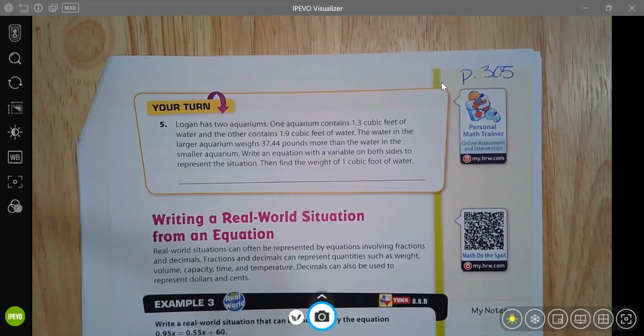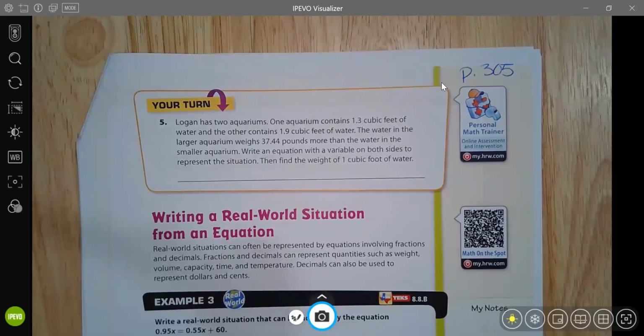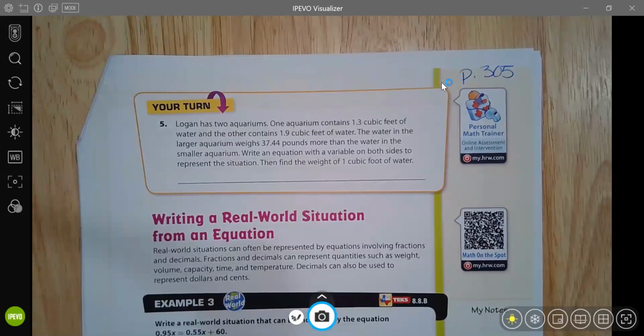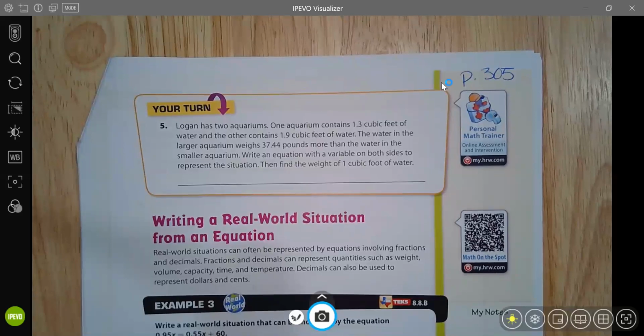The water in the larger tank weighs 37.44 pounds more than the water in the smaller aquarium. We're going to write the equation with the variable on both sides to represent the situation, and then we're going to find the weight of 1 cubic foot of water.